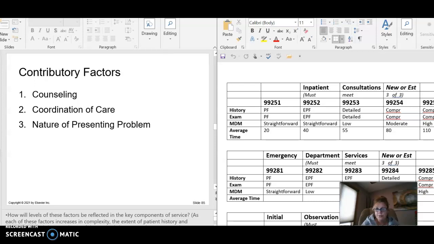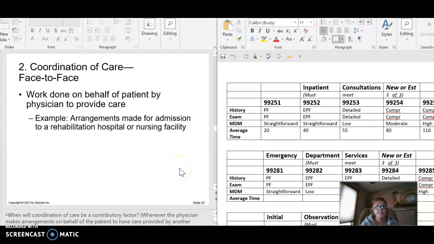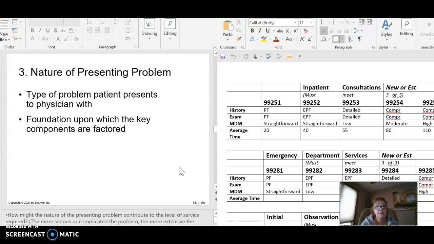Okay, I am going to start on the third E&M video. We're going to start off with contributory factors: counseling, coordination, and nature of presenting problem. Counseling is face-to-face, where they talk to the family and discuss the diagnosis and tests. The biggest thing in here is medical documentation for counseling. Coordination of care is you're setting up other care for the patient.